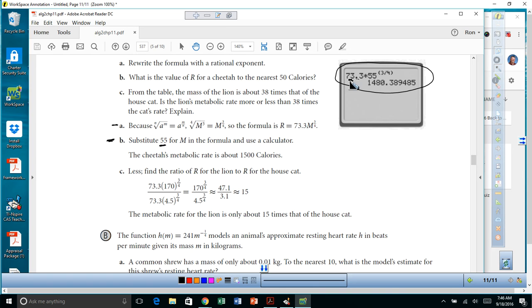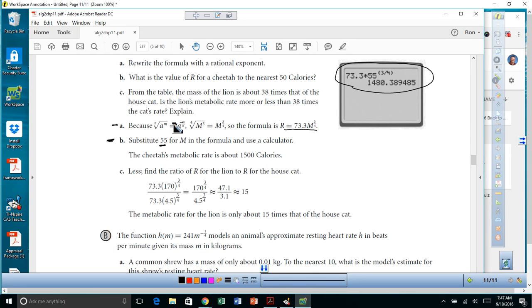So you use that formula, 73.3 times 55 to the 3/4. So basically, it's 1,480 calories.